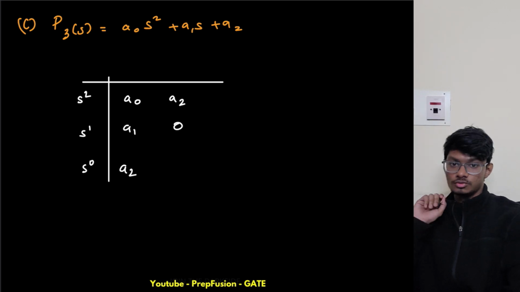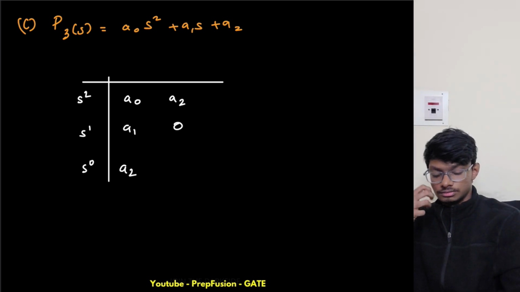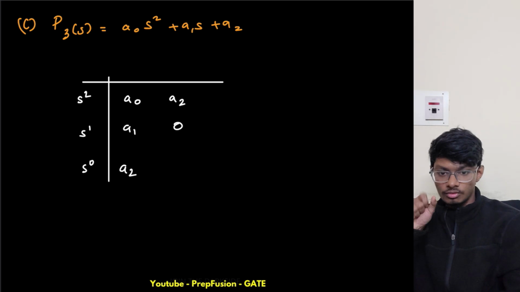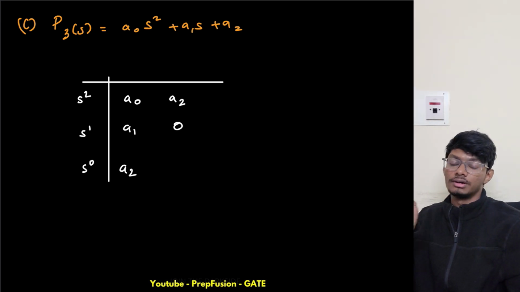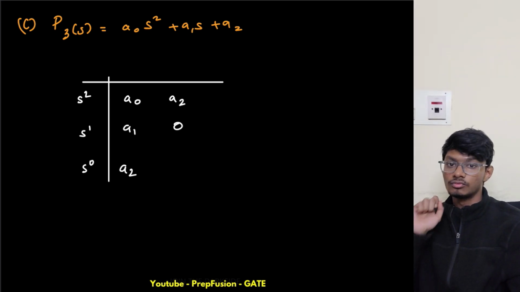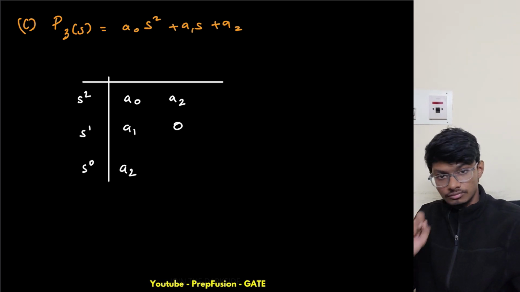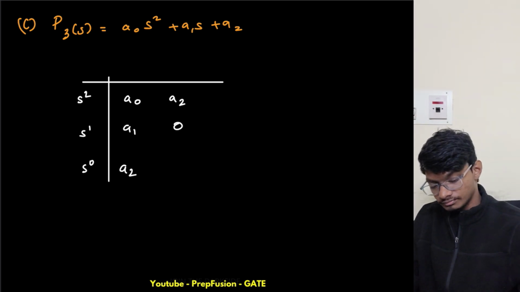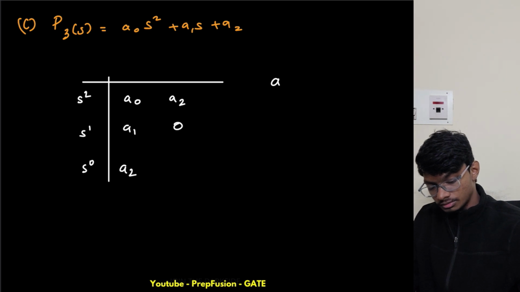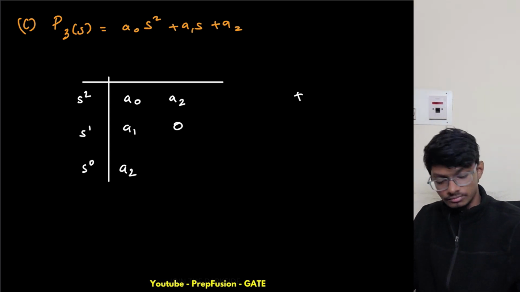Okay, so for my system to be stable, or for no pole to lie on the right hand side of the S plane, what needs to happen here? I need to have the same sign, all of them either positive or negative.